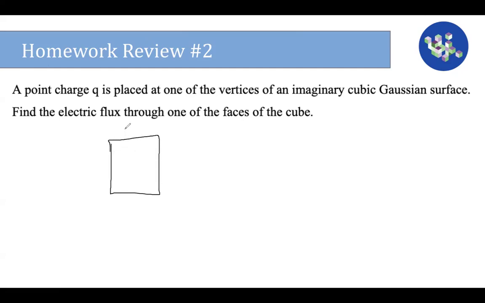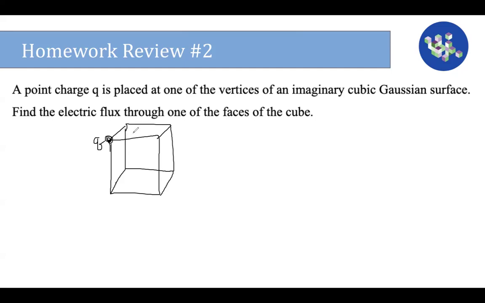We have our Gaussian cube. We have our point, right? This is Q. We want to find the electric flux through these faces. So we will deal with the faces separately.